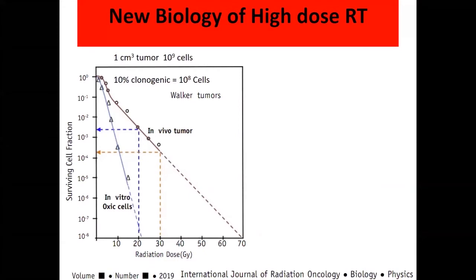So that was the rationale based on the cell survival curve, and the rationale based on the 4 Rs of radiotherapy in fractionated radiotherapy. Now, the next question is, is there any new radiobiology which gets triggered at such a high dose, which we use in non-fractionated radiotherapy, and which also contributes to cell kill?